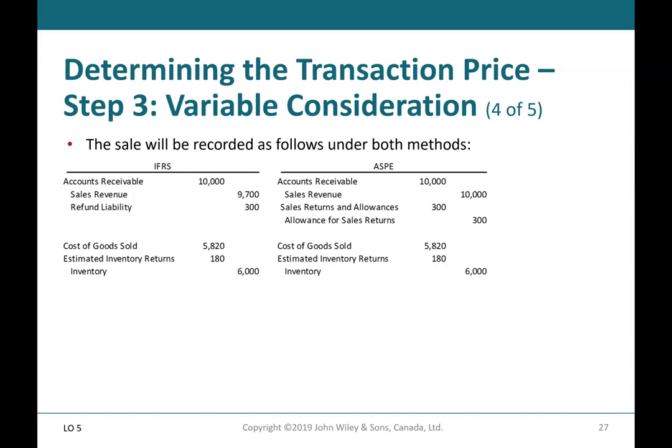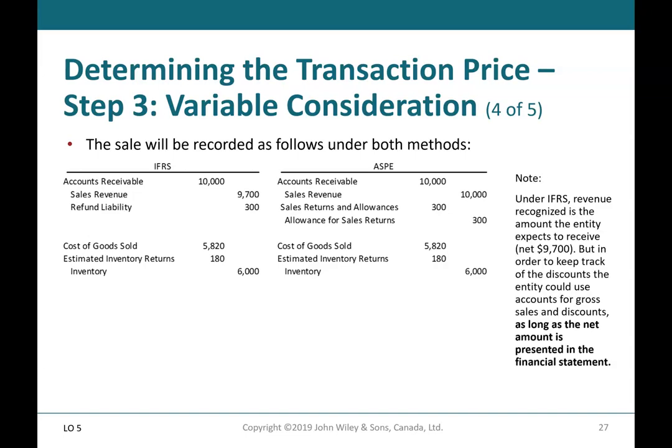Under ASPE, you would do accounts receivable $10,000, sales revenue $10,000, sales returns and allowances $300, allowance for sales and returns $300. Cost of goods sold $58.20, estimated inventory returns $180, and inventory $6,000.